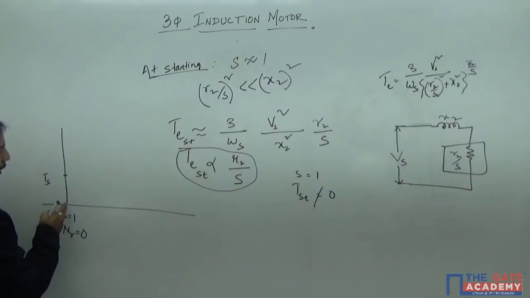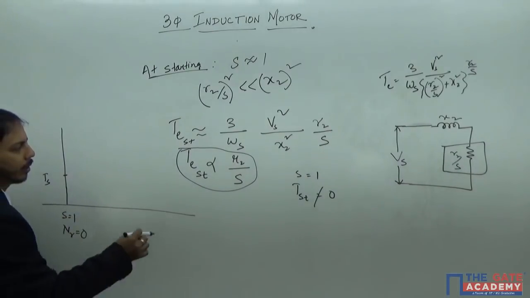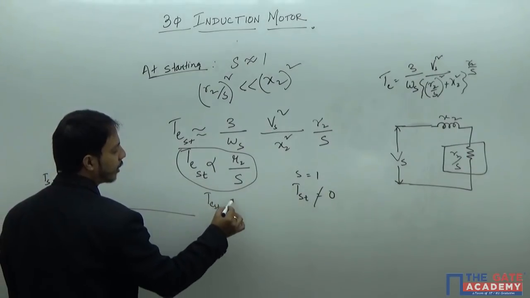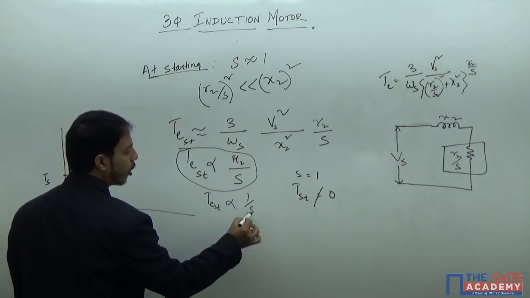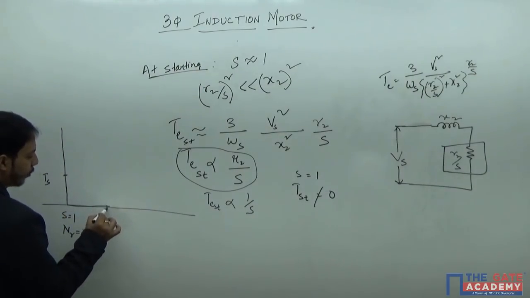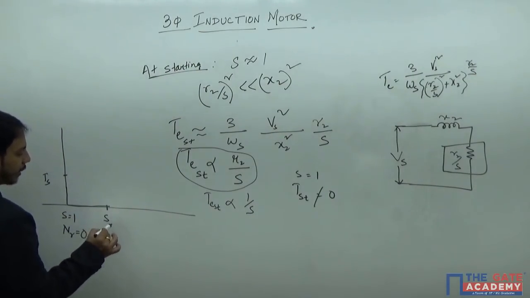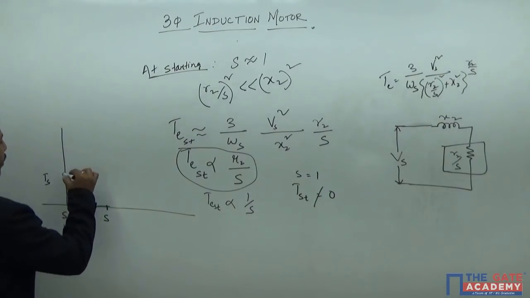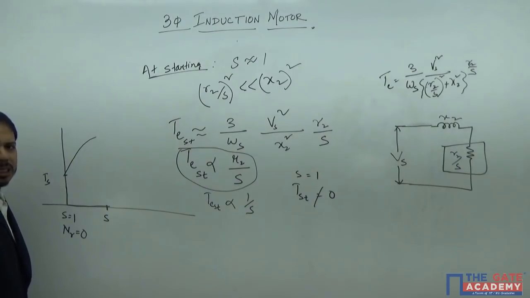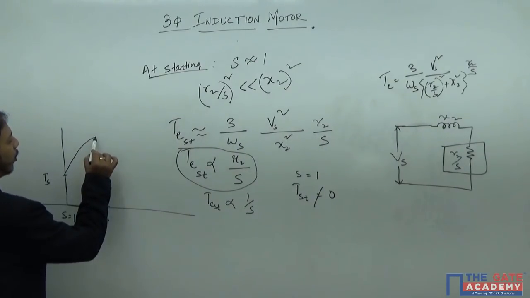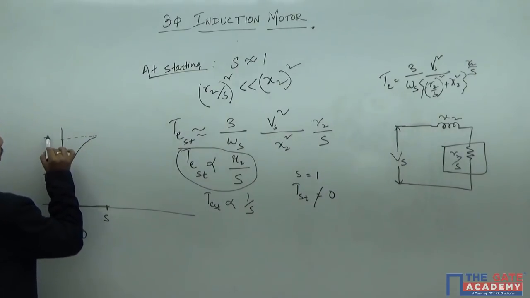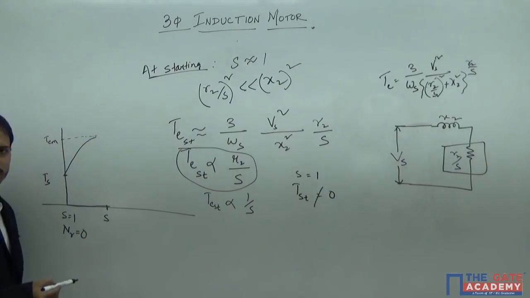Now as the slip goes on decreasing, TE, which at the time of starting is inversely proportional to slip, will go on increasing. It will increase up to a certain limit, and this value is called the TE max value.